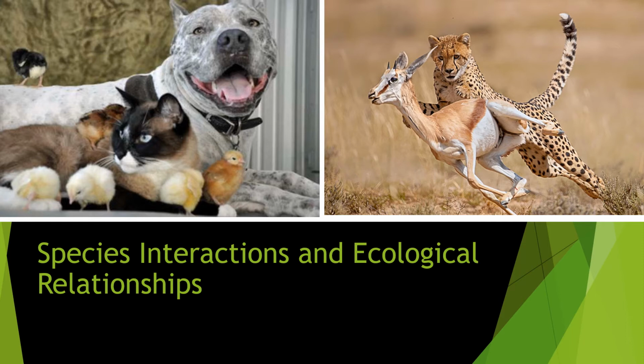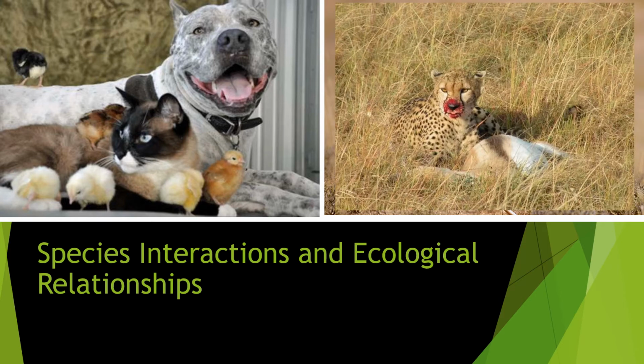We're seeing a dog with a cute smile, and a fluffy cat, and several little chicks, and they're all interacting nicely and calmly and friendly with each other. Then on our top right image, we have a cheetah, and this cheetah looks like he's super excited to give this gazelle a hug, another kind of species interaction. But maybe he didn't really want to give the gazelle a hug, but we'll talk about that in the next few slides.